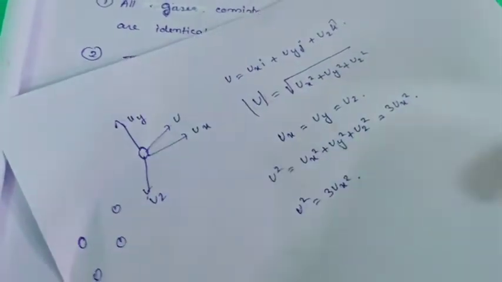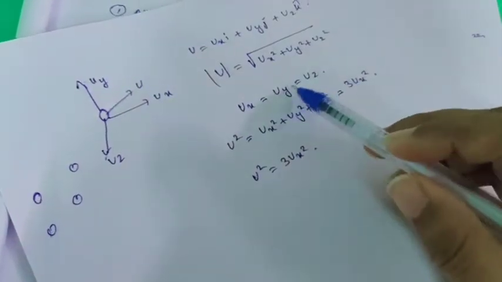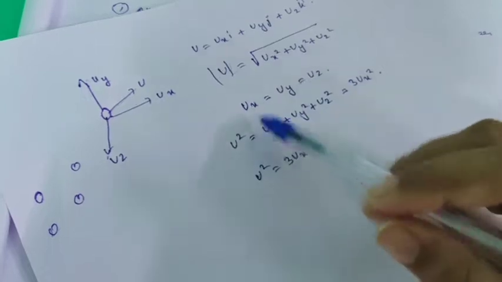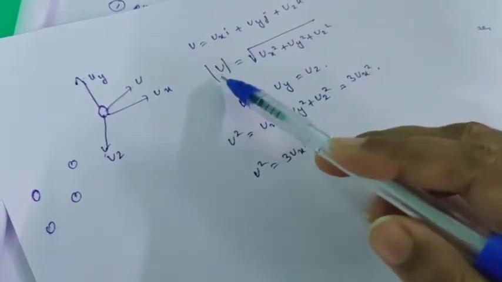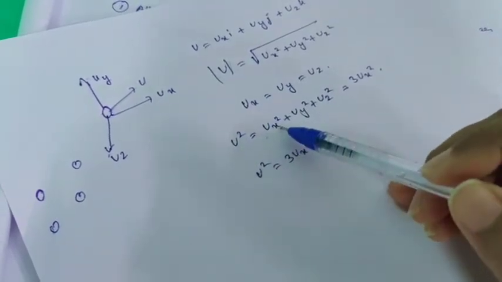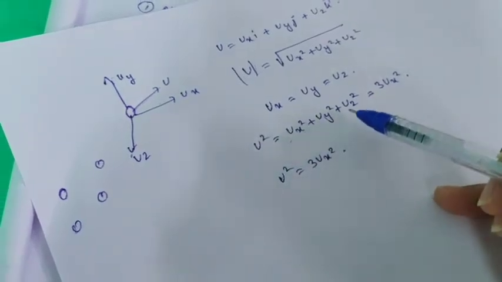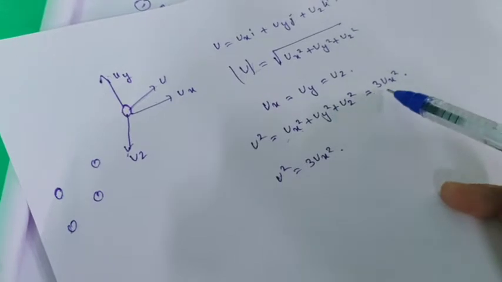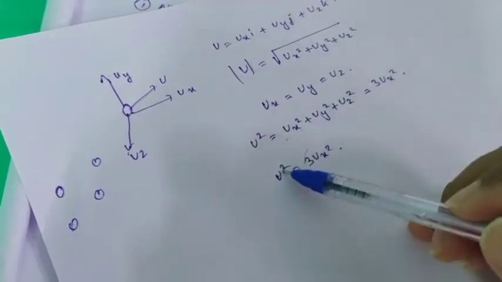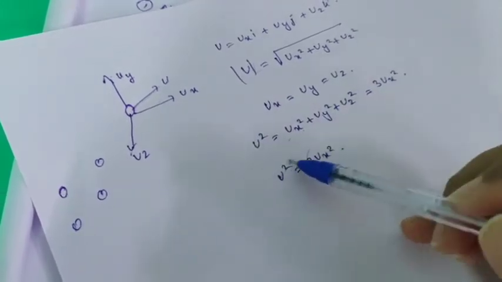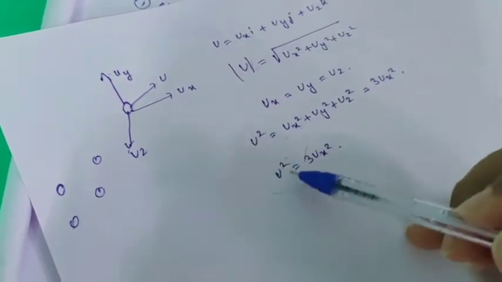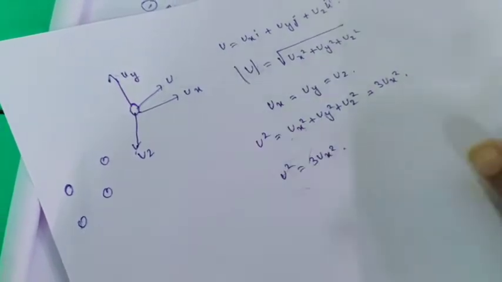We have assumed that ux equal to uy equal to uz. So u square equals ux square plus uy square plus uz square, which equals thrice ux square, that is, u square equals thrice ux square. This is very important, you have to keep it in mind.